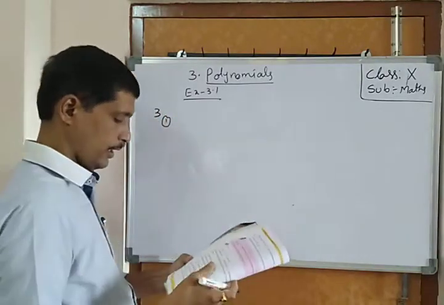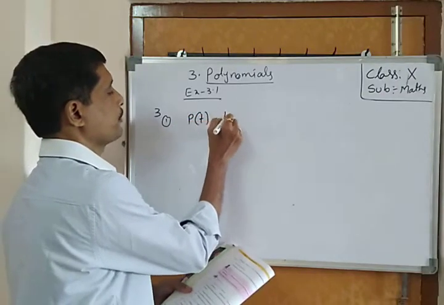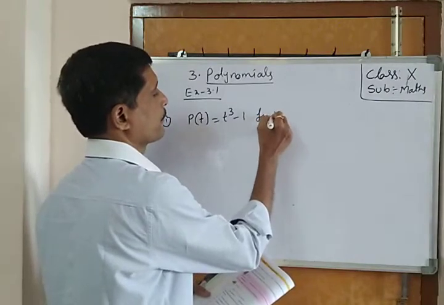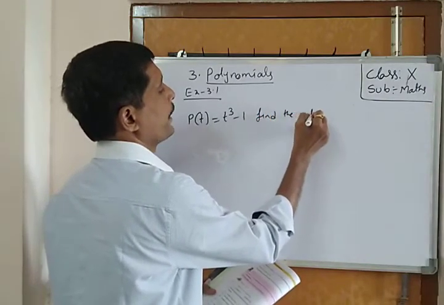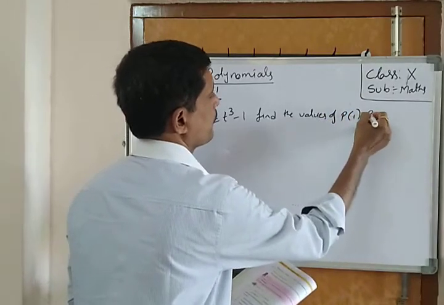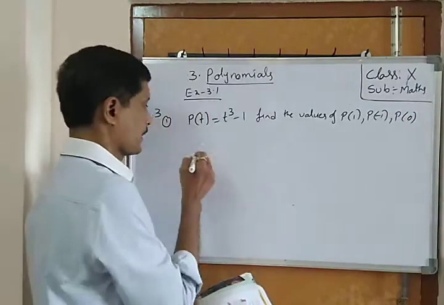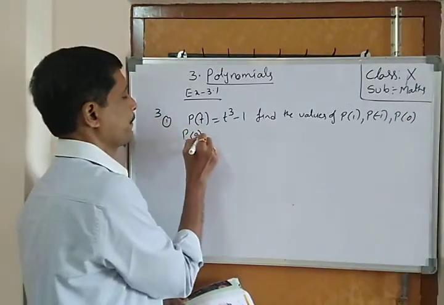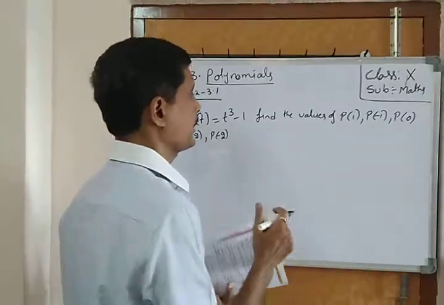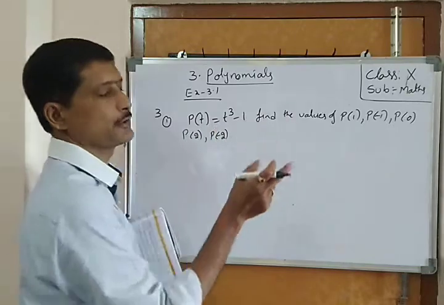Next one: if p of t equals t cube minus 1, find the values of p of 1, p of minus 1, p of 0, p of 2, p of minus 2. Here p of t equals t cube minus 1. Find the values of p of t.